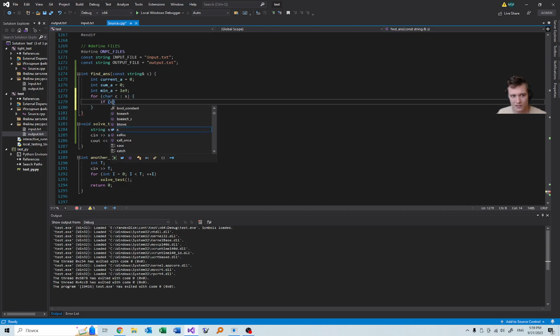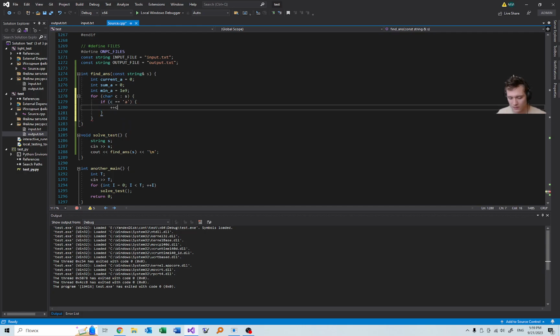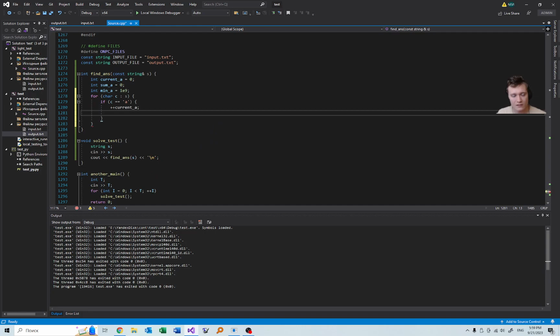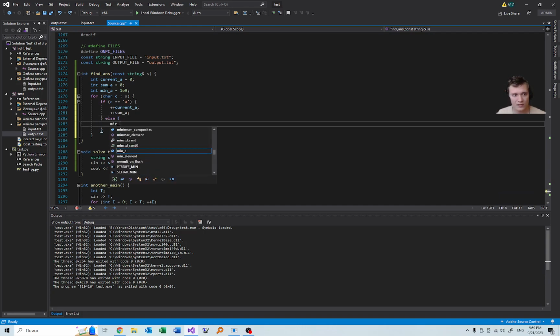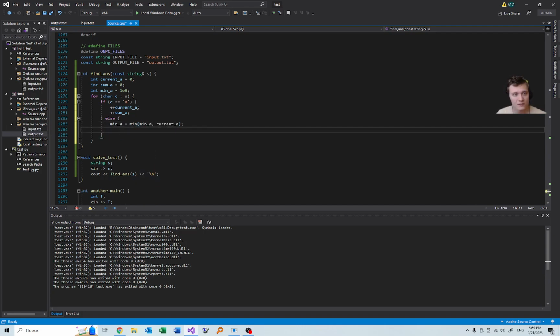So if c equals A, then we add it to the current block. So we say current A, sum A. Otherwise we say that minimum A is minimum of minimum A and current A. We say that current A equals 0.